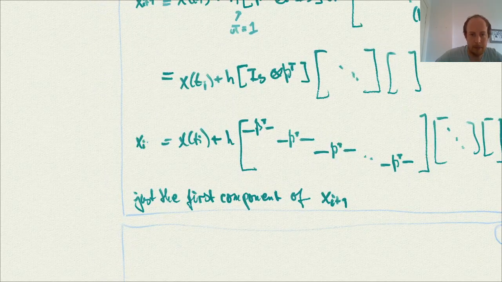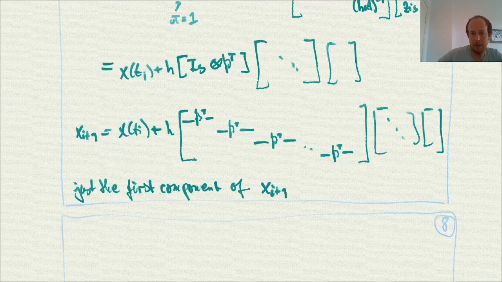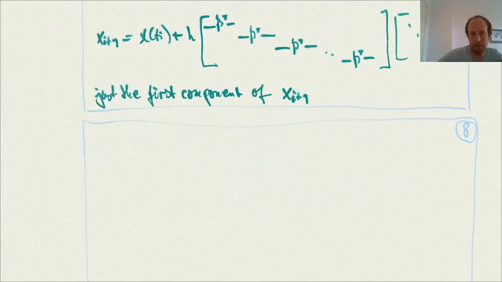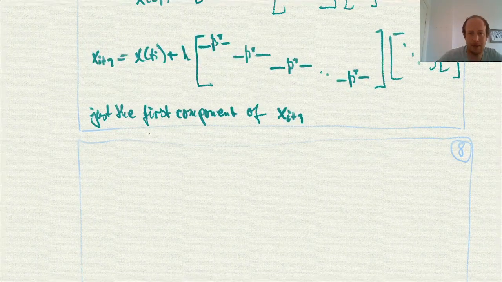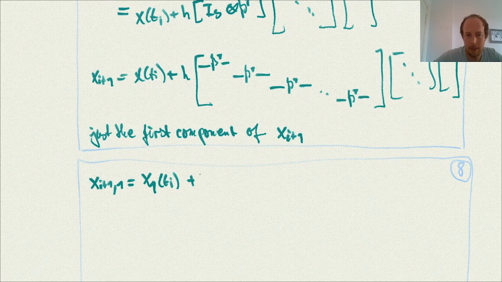This is what is needed in the proof later, and I just write this down and then you see this probably. This will be x_{i+1}, the first component from here, that's easy. x_1 of t_i, just the first component of here, plus h, and the first component will be the first row of this matrix multiplied by what follows.